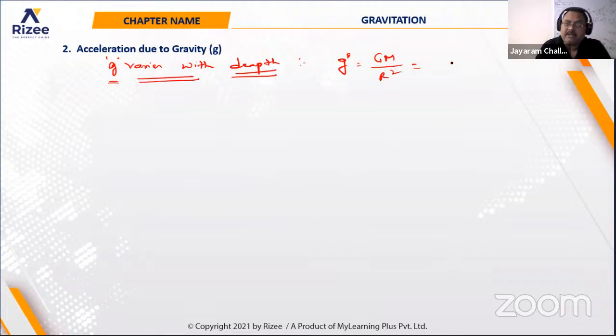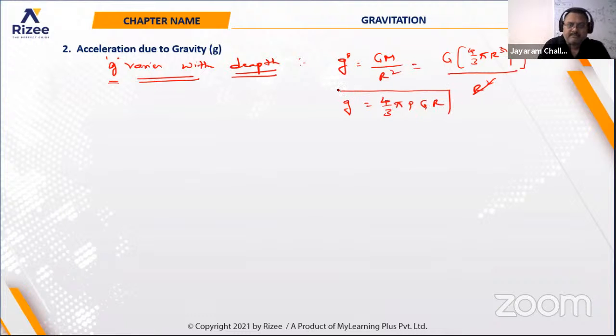This can be converted into another form: G into 4 by 3 pi R cube, the volume, into density rho, which is the mass, divided by R square. Remove the common terms, then the G formula can also be written as 4 by 3 pi rho G R. This is another important variation in the G formula.